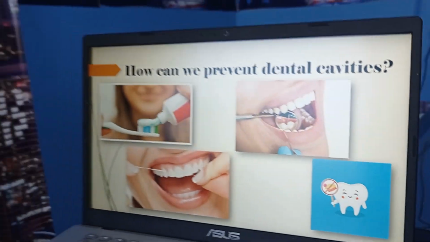The next, be careful with sugary foods and drinks. If we take them in between meals, we must brush our teeth as soon as possible to prevent sugar from staying in our mouth for a long time.